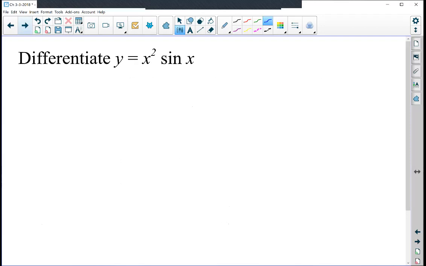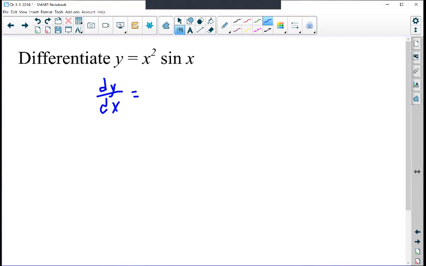All right, so differentiate, find the derivative of y equals x squared times sine x. So what operation is working on that x squared and the sine x?